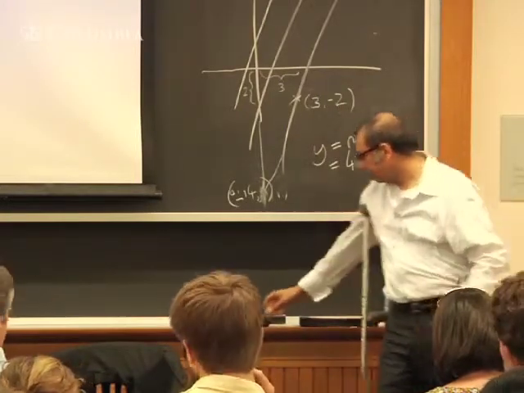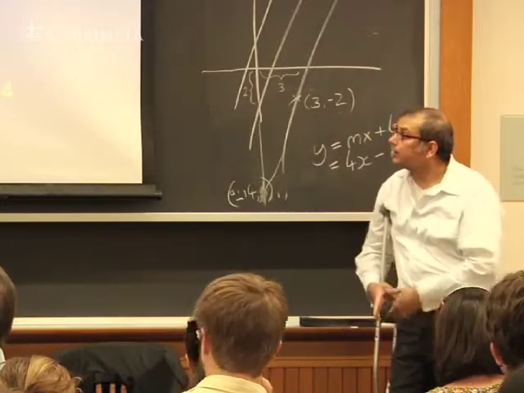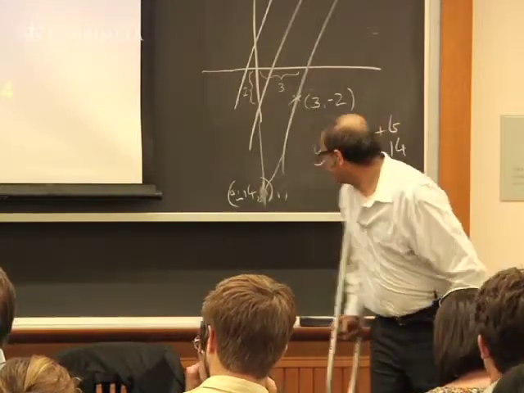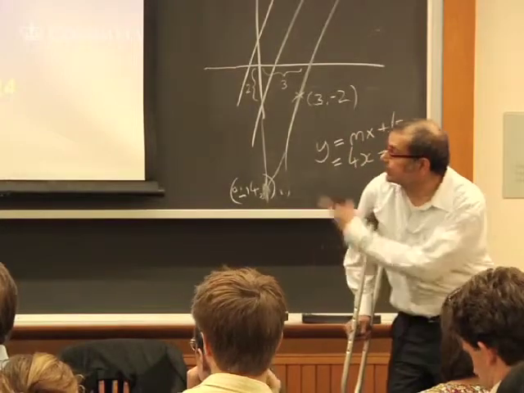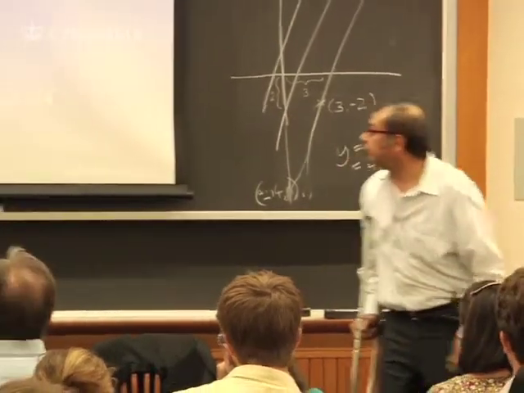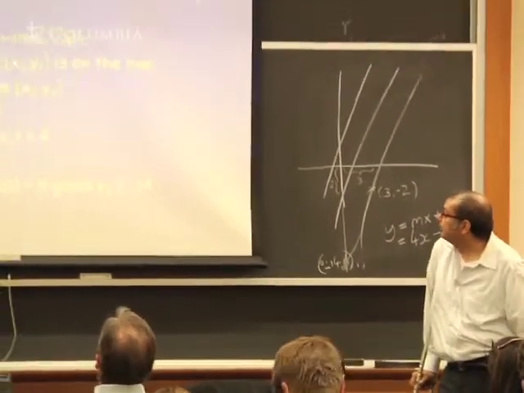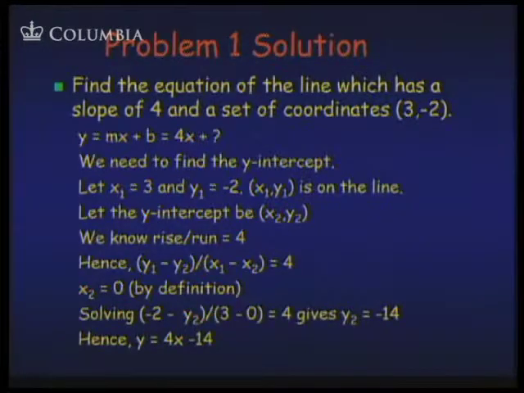Okay, and presumably that's what we did. This is the algebraic way of doing it, which is really just the expression of what we did. We know the equation follows this form, mx plus b.